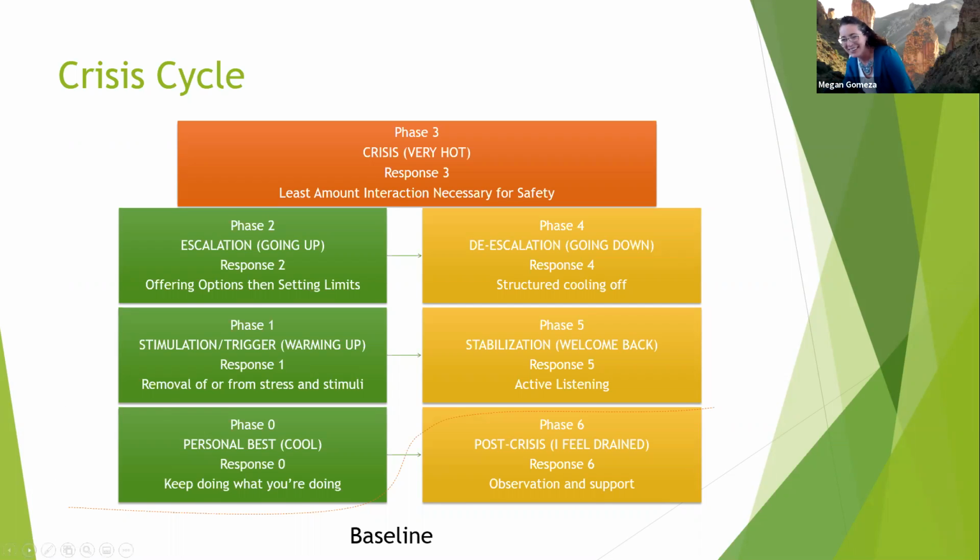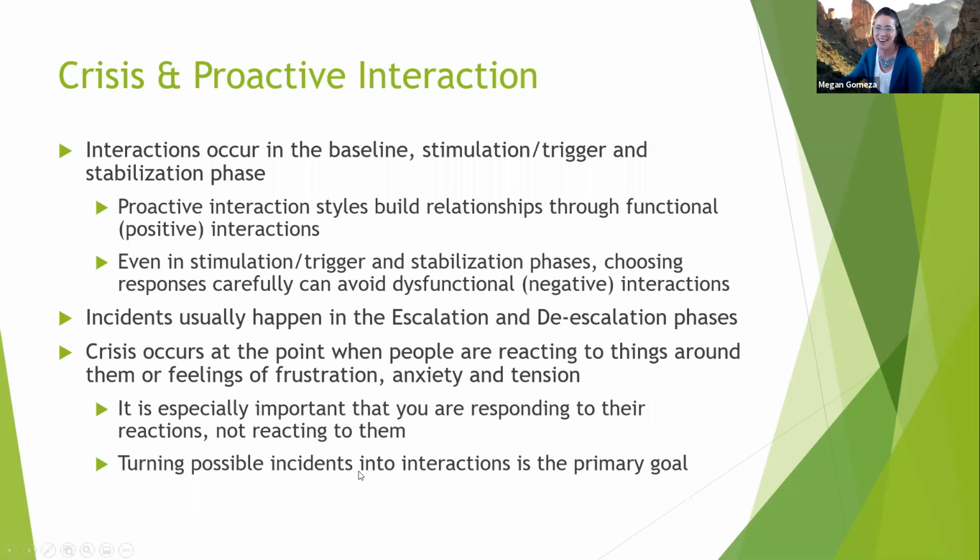All right. Next slide. So just a reminder that there is an interaction in the baseline, stimulation, trigger, and stabilization phases. Those proactive interaction styles build relationships by having a functional or positive interaction, offering options, setting limits, support and observation, active listening, structured cooling off, and removal of a stressor or stimuli.